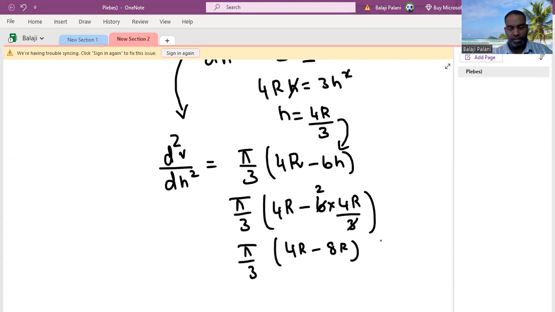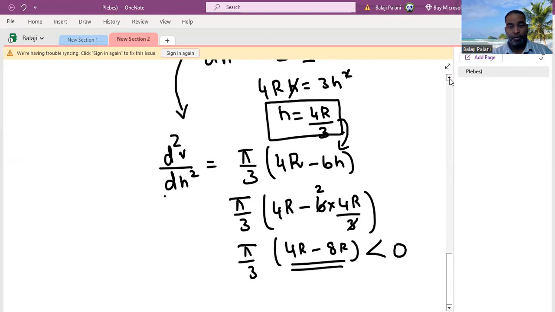And for sure, this is less than 0, because on solving this, you get minus 4r into pi by 3, which is definitely going to be less than 0. Therefore, we have proved that the cone's volume is largest when h is equal to 4r by 3. Because when the second order is less than 0, that is the proof for maximum volume according to the question.